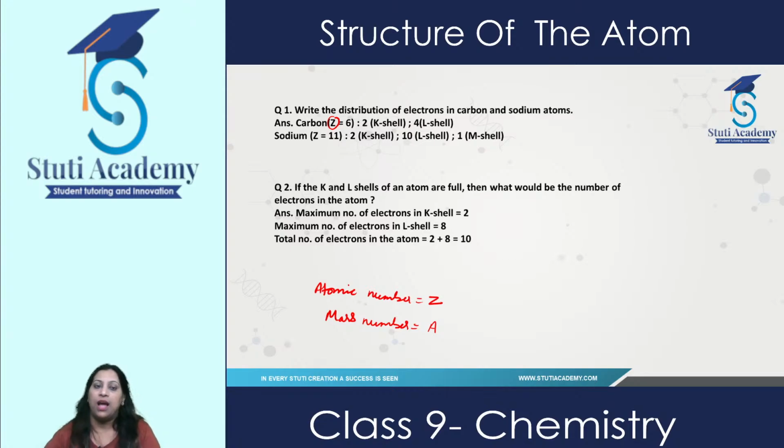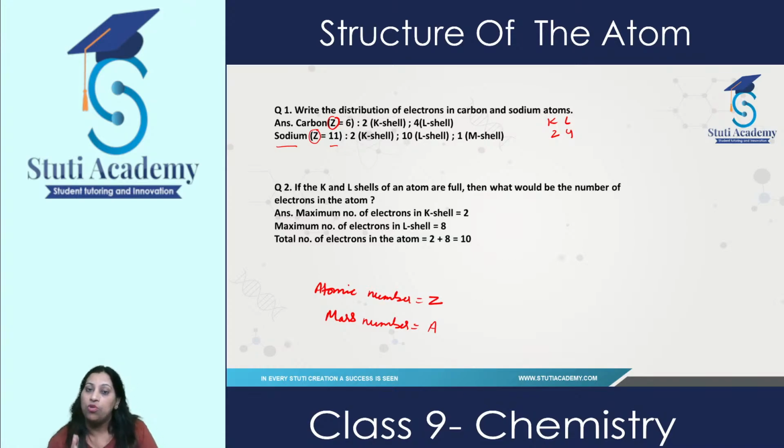So first is carbon, whose atomic number is 6. And if we write their electronic configuration, either you'll write your answer like this, or you can simply write like this, 2, 4, or in this manner also you can write the electronic configuration. Then we have sodium. Again, its atomic number is 11. See here in this question, no atomic number is given.